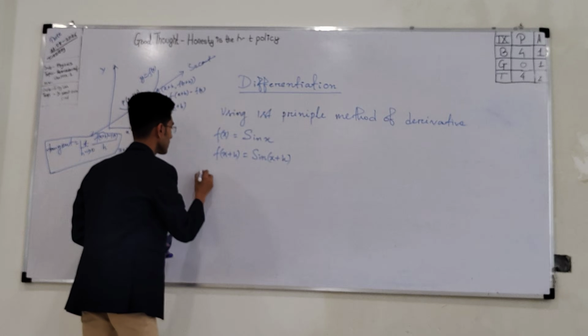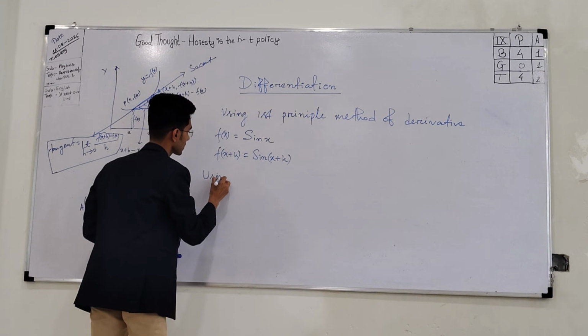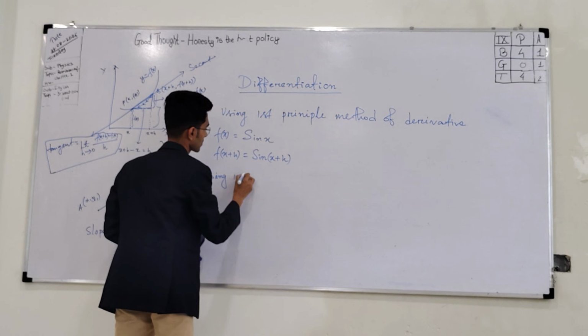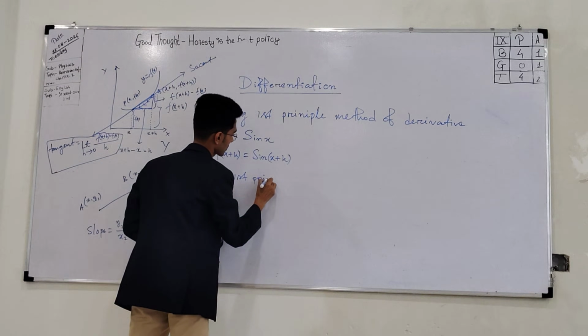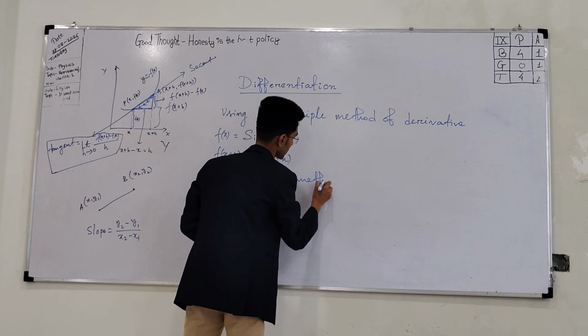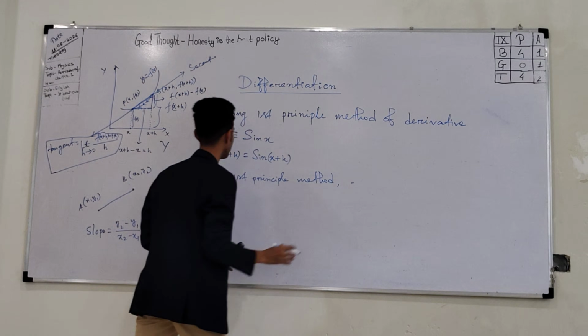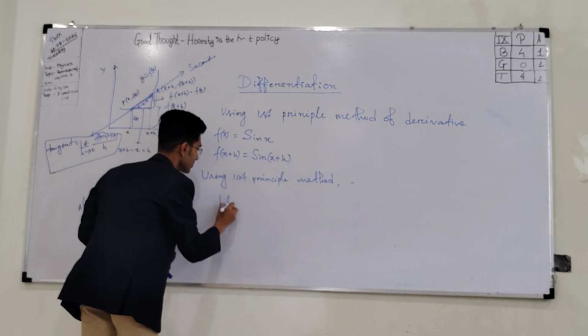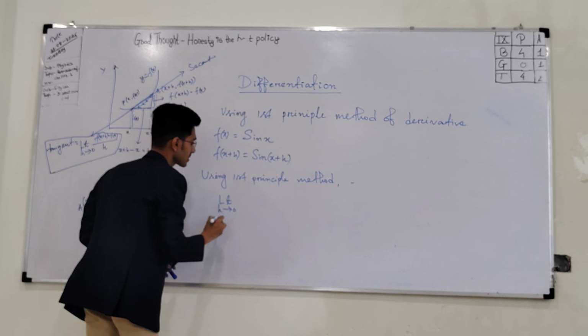Now using the first principle method of derivative, we can write limit h tends to 0.